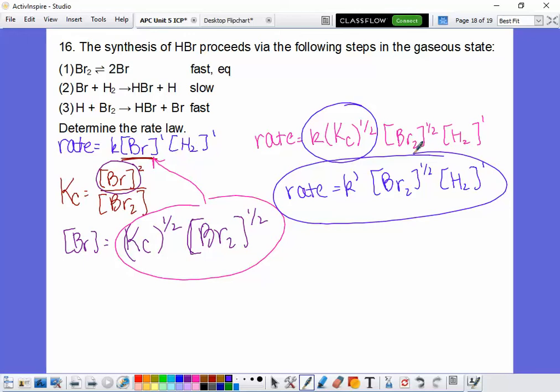So now we're going to go back and do some of the RICE table problems that we did not get to previously. So go ahead and turn back to number 12.